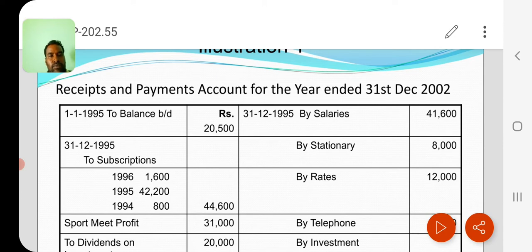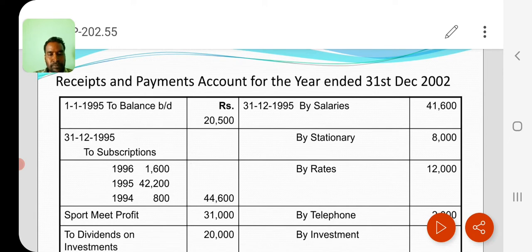So, we know that receipts and payments account should always commence with the opening balances of cash and bank. To balance brought down 20,500.